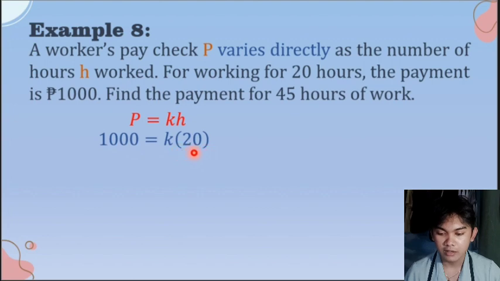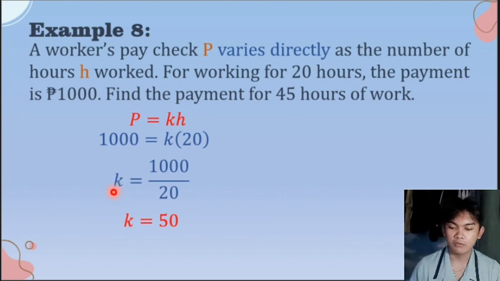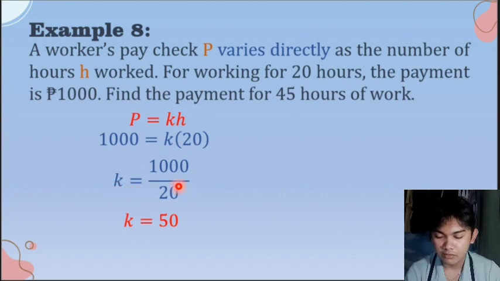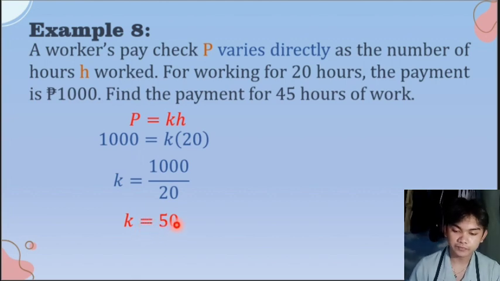To do that, we have to divide both sides by 20. So 20 over 20, cancel that. The k will remain. From this side, 1,000 over 20 is 50. So we have the value for k, or the constant, which is 50.